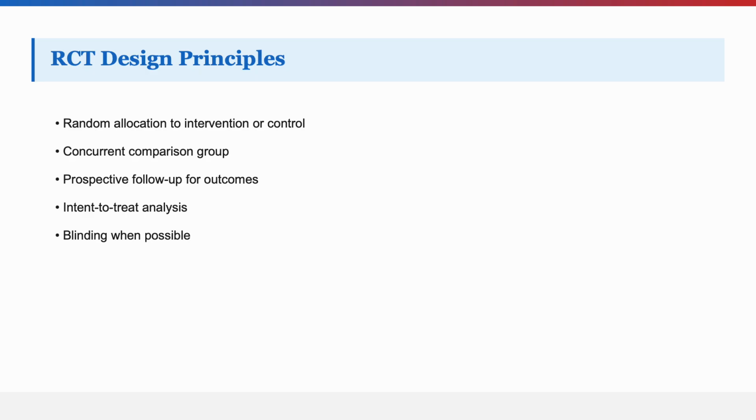Random allocation means participants have equal, or known, probability of receiving intervention or control, determined by chance. This is the magic that distinguishes RCTs from observational studies. A concurrent comparison group receives either placebo, standard care, or an alternative intervention.